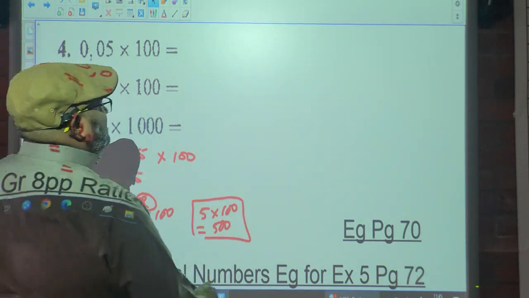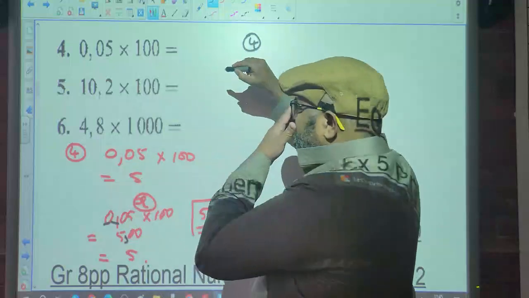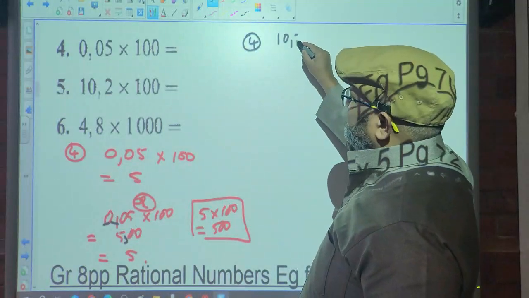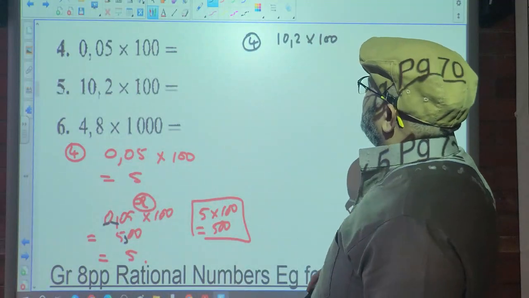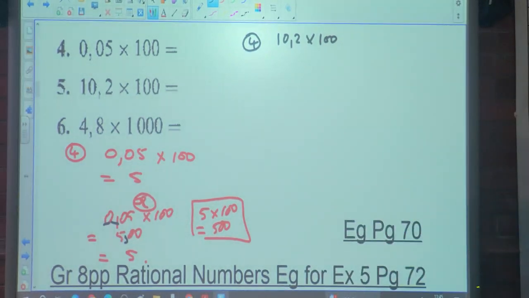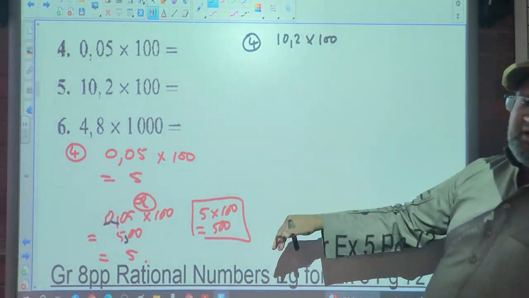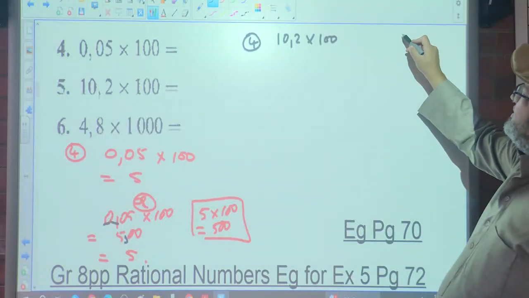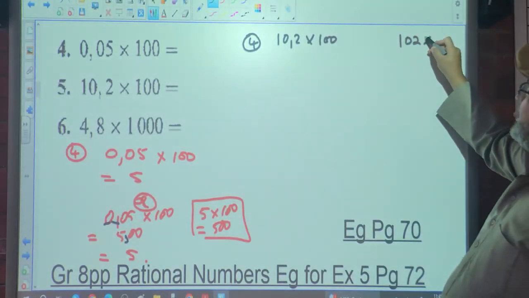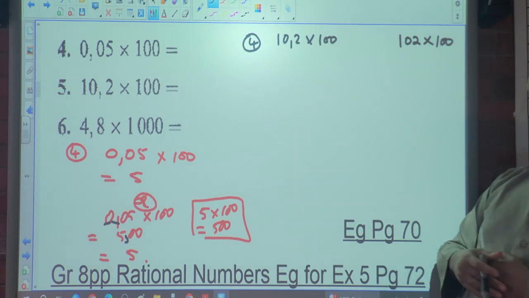Let's look at number 4. Number 4, you got 10,2 multiplied by 100. So let's take the numbers out again. I'm going to do both ways. So in other words, it's going to be 102 times 100.